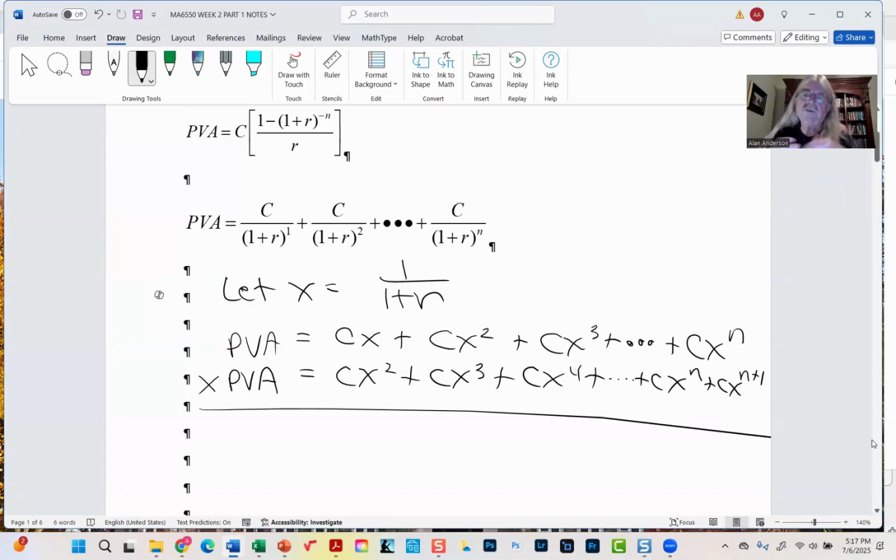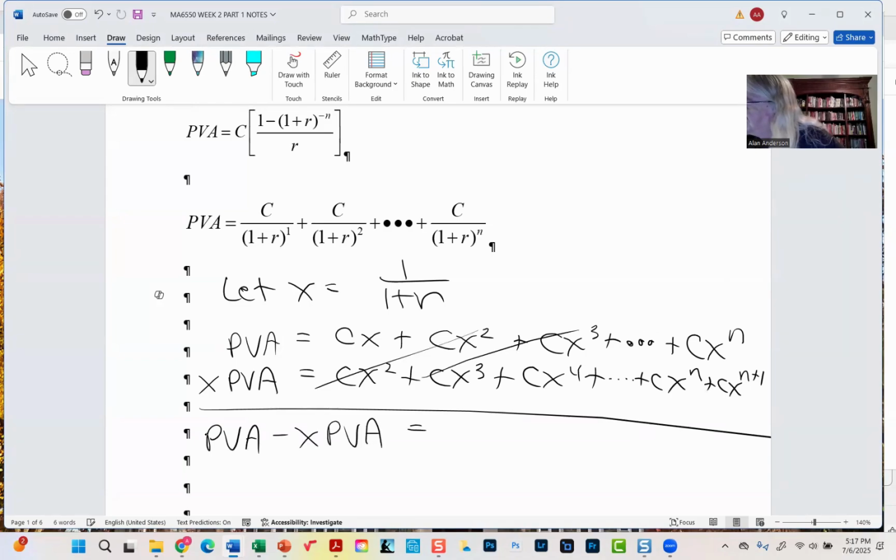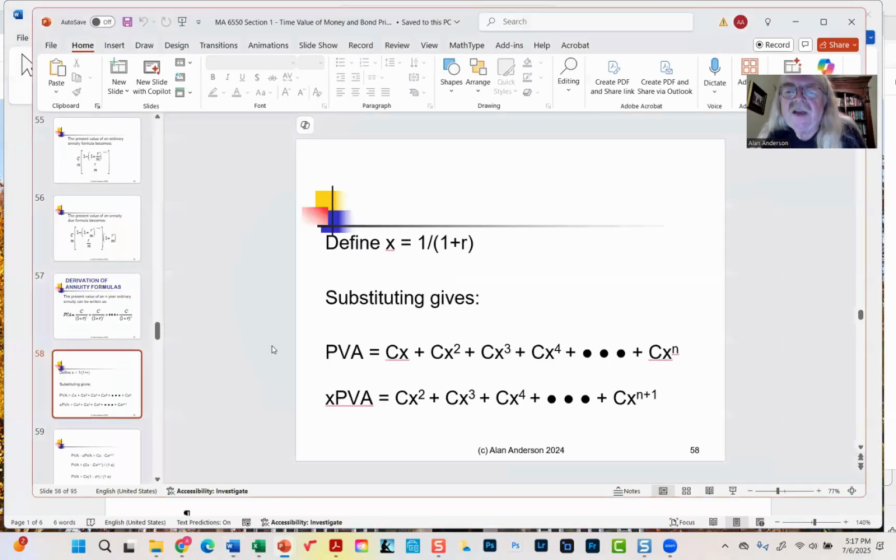If you look at it carefully, you'll see that all the terms will drop out except the first and the last. So you end up with CX minus CX to the N plus 1. And then we can do some factoring.